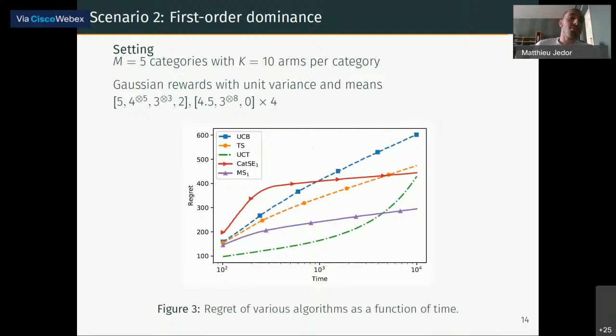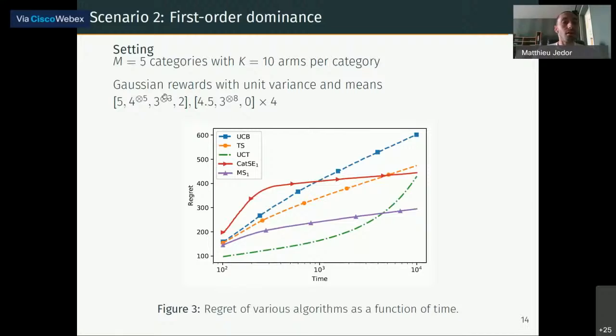So in this second scenario, we assume the first order dominance. So we have 5 categories with 10 arms per category. The arms are also Gaussian distributions with unit variance, and the following means.